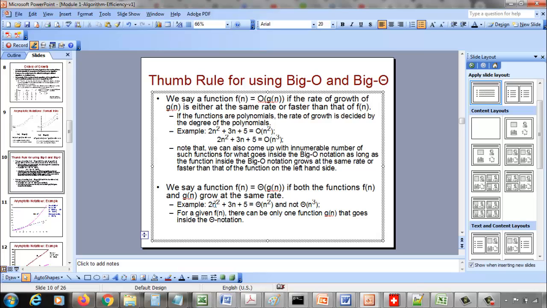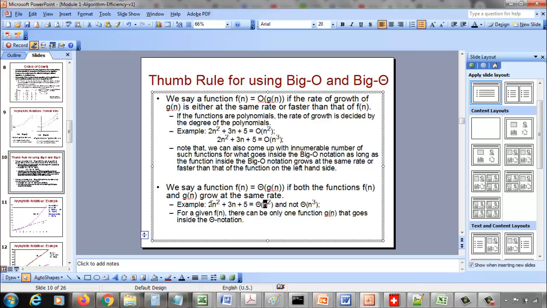What matters here is the most dominating term. This is a polynomial, 2n square plus 3n plus 5. In this polynomial, the most dominating term is the n square term, and that is what decides the rate at which this function will grow. And what is inside this theta notation is also an n square function. So both grow at the same rate.